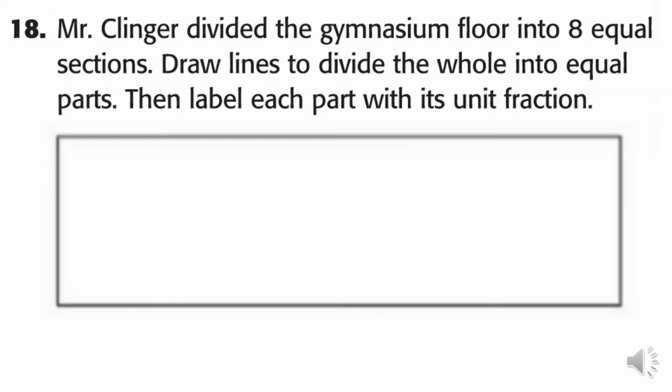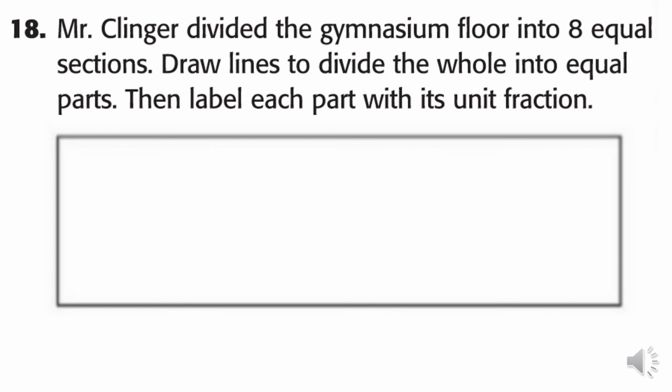Okay, so activity number 18. Mr. Klinger divided the gymnasium floor into 8 equal sections. Draw lines to divide the whole into equal parts, then label each part with its unit fraction.